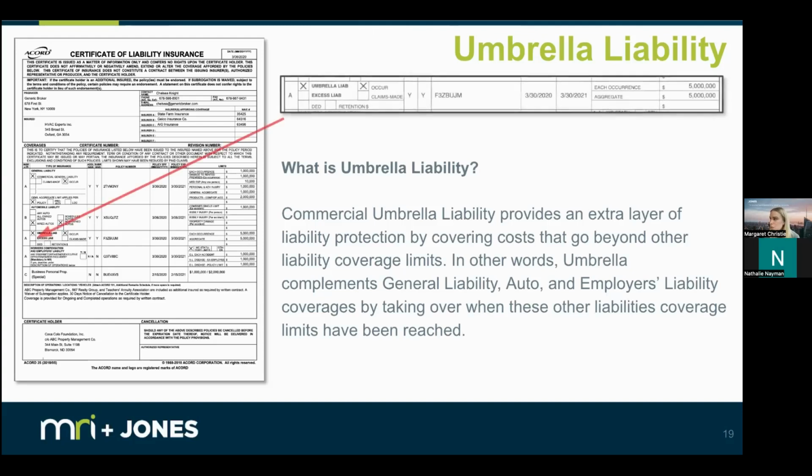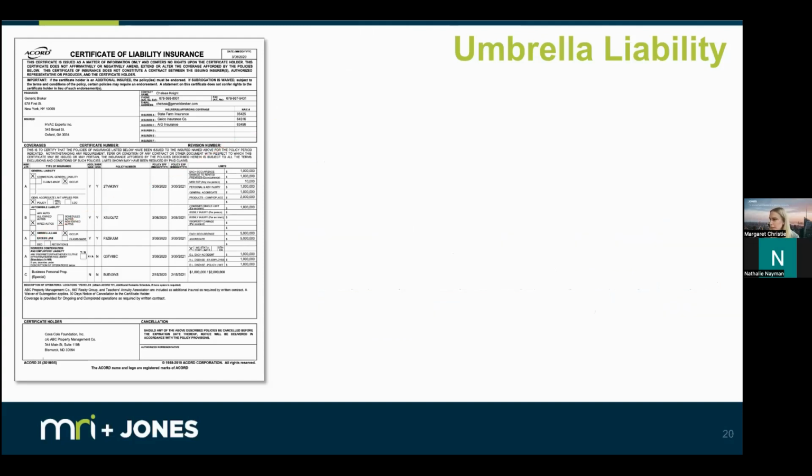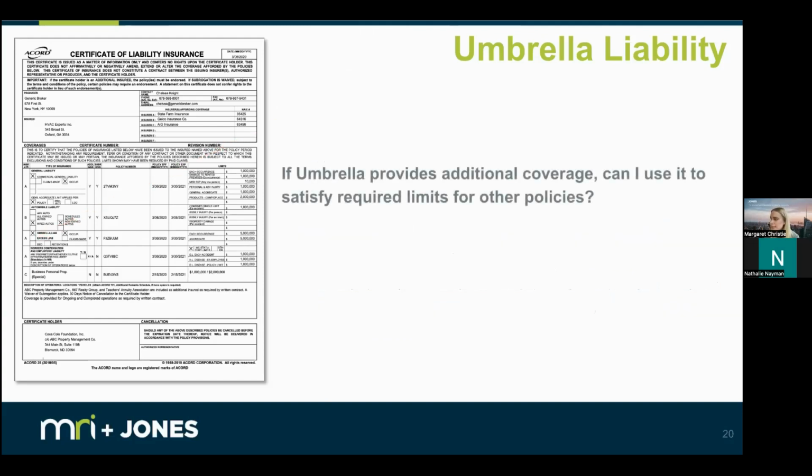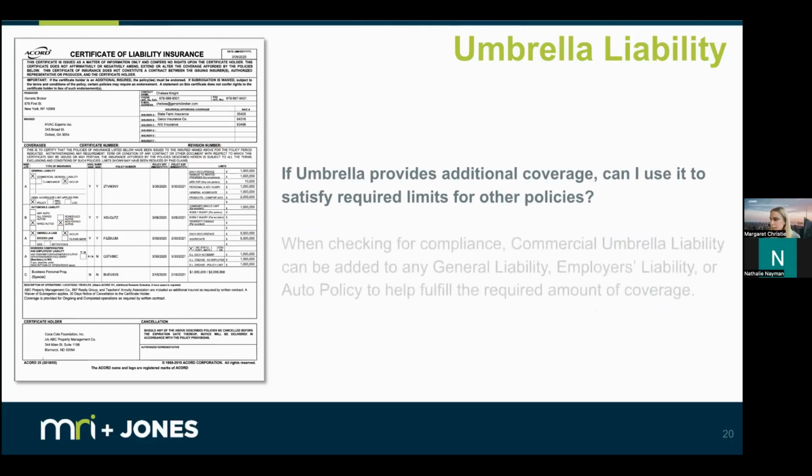So what does that mean? You can always find it right here. It means you can use it to satisfy other policy limit requirements when auditing a COI. So when you're checking, you can use it to meet a requirement. So let's say that your requirement was that this vendor carried $3 million worth of general liability.